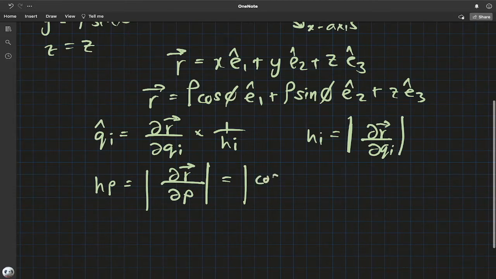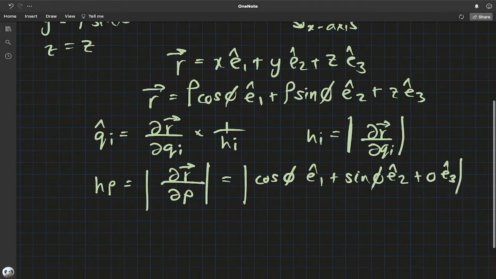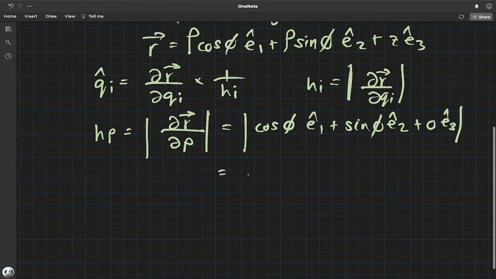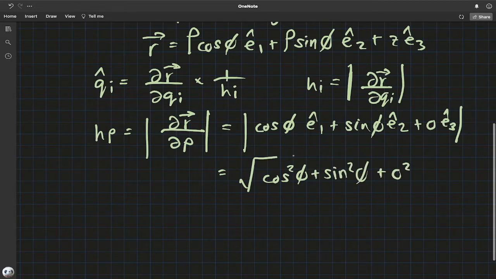We just get cosine phi e1 hat plus sine phi e2 hat, and this is just 0, e3 hat. Well, the magnitude of this vector is just simple. Just take the square root, component squared plus component squared plus third component squared, and this by trigonometry turns out to be 1.